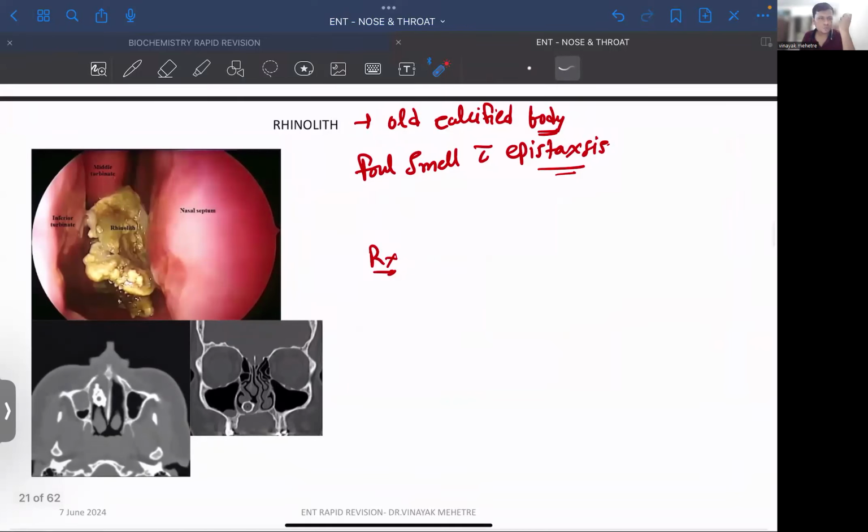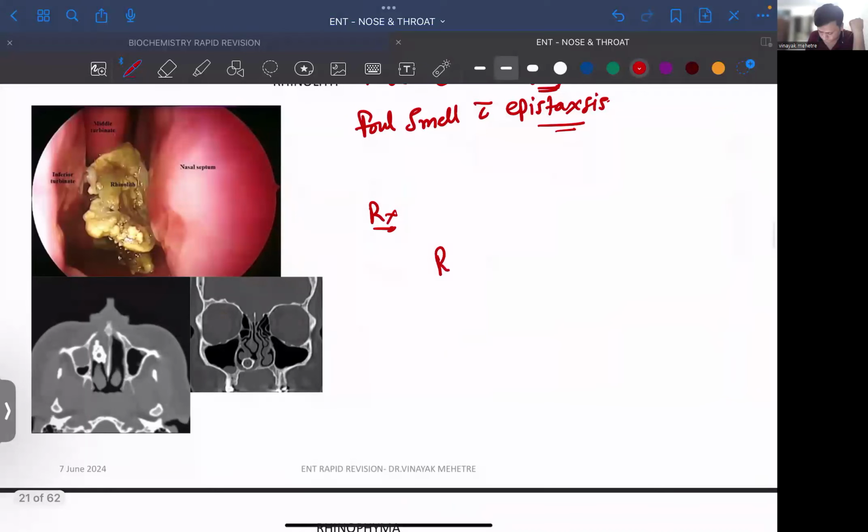It became like a stone. So that's why it is called as rhino means nose, lith means stone, right? So answer is removal of that calcified part under general anesthesia. We will remove that.